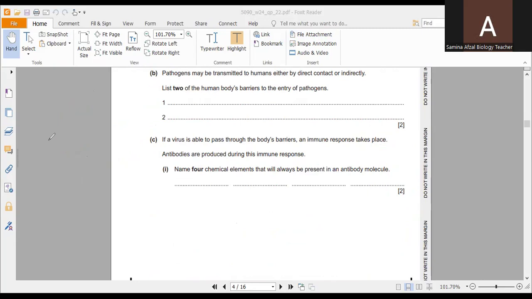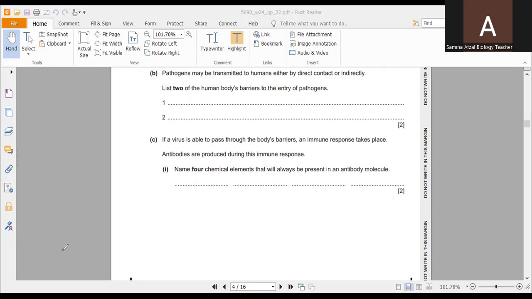And students, the pathogens have many ways to enter into the body. As for example, they can enter through our nose, through our mouth, or through a cut on our body.